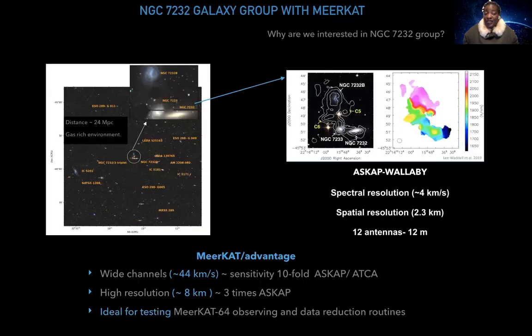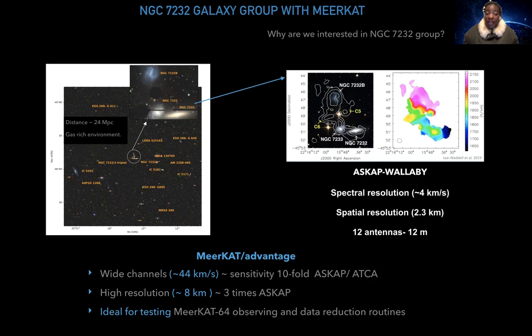Looking at the NGC 7232 galaxy group, there are many reasons why we decided to study this group, and I will highlight a few. The figure on my left shows all the detected galaxies in the NGC 7232 galaxy group. What is interesting about this group is that it consists of varying gas-rich environments.